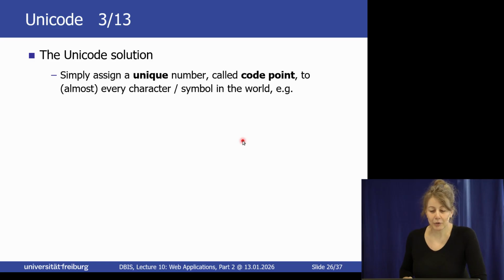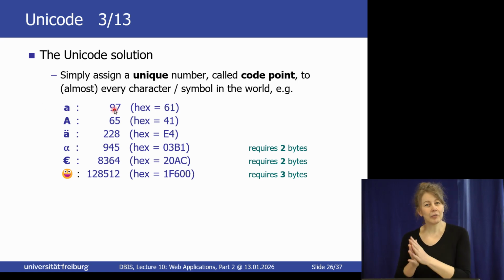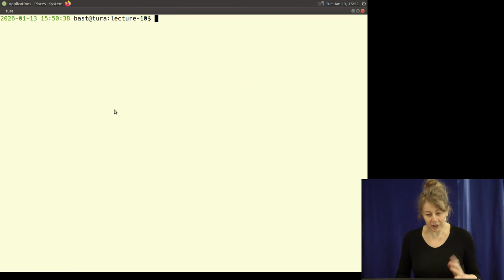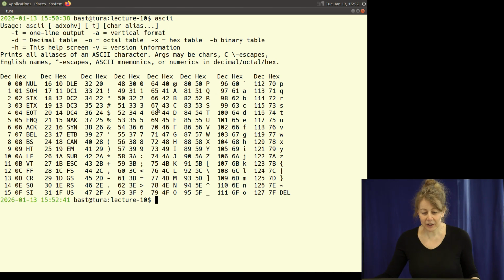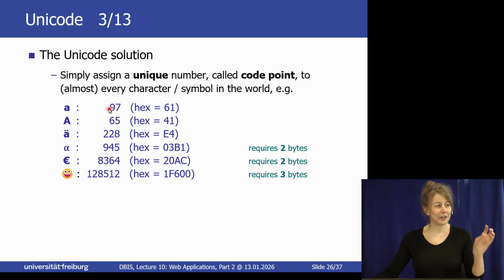Let me explain it to you really quickly. Simply have one number for every character, unchangeable, and here they are. So A gets the number 97. It's always good to be backwards compatible. This is the first clever thing they did: the small letter a in ASCII is 97, in Unicode it's also 97. Very good idea not to invent new things here.